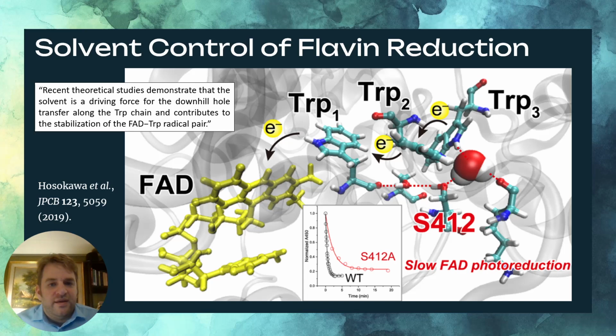So the environment is very important for this system because if we consider the very first stage in the flavin reduction process, where oxidized flavin absorbs that first electron, in fact, recent theoretical studies have demonstrated that the solvent itself is a driving force for downhill hole transfer along the tryptophan chain and contributes to the stabilization of the flavin-tryptophan radical pair.